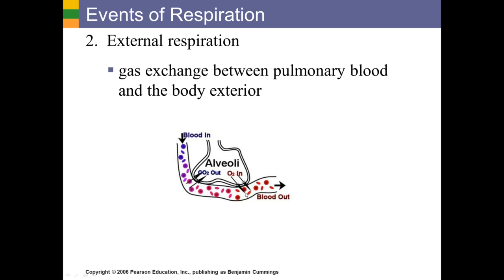Now notice I said diffusion. Diffusion is the movement of a substance from high concentration, or in this case, high partial pressure, to low concentration or low partial pressure. What drives diffusion is a gradient.